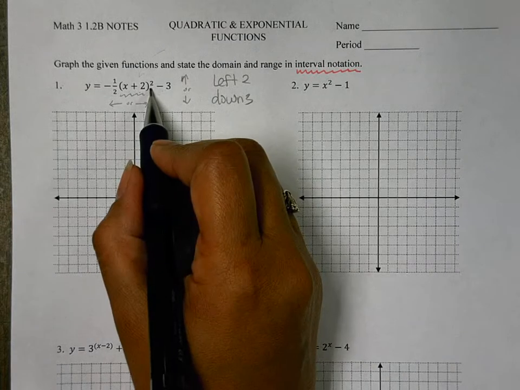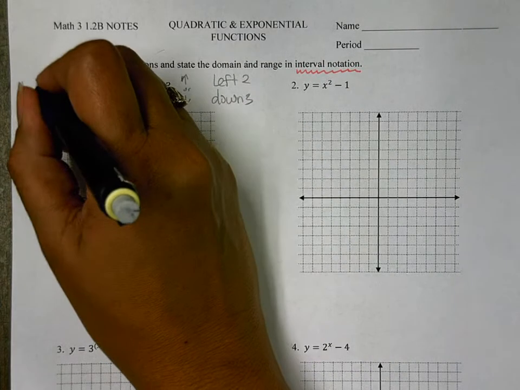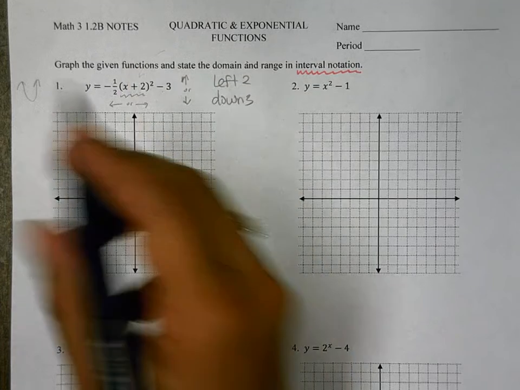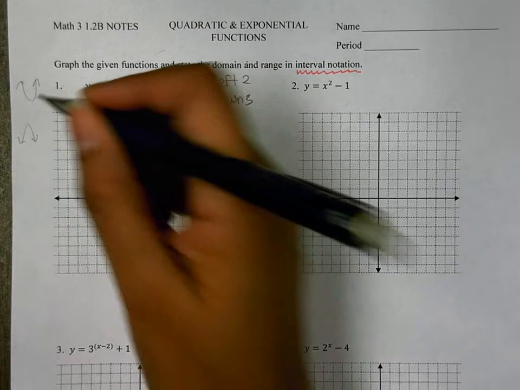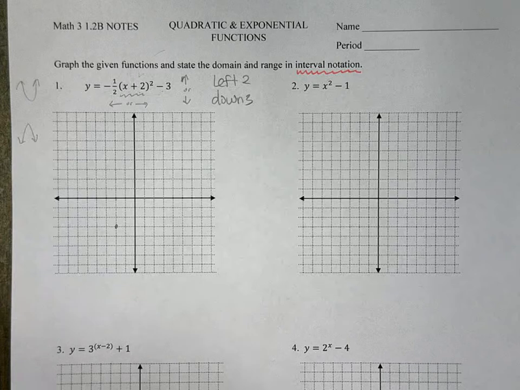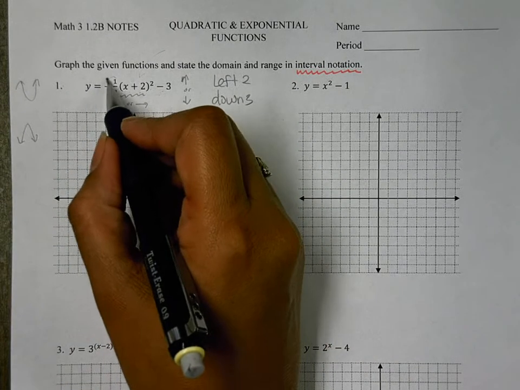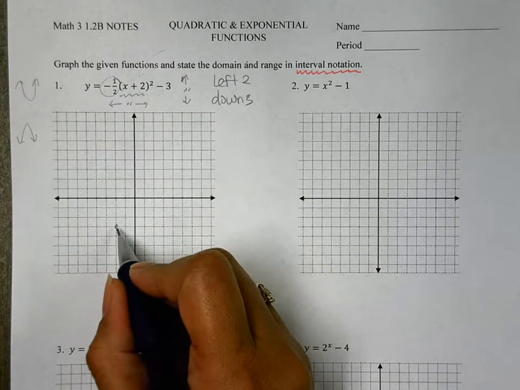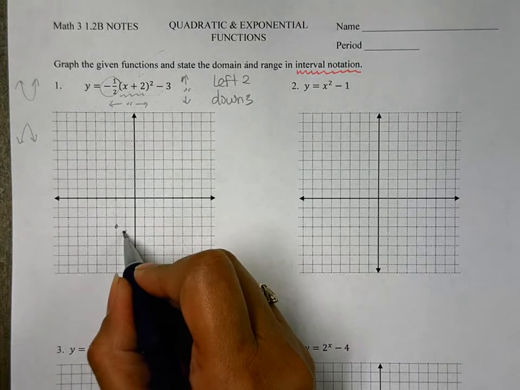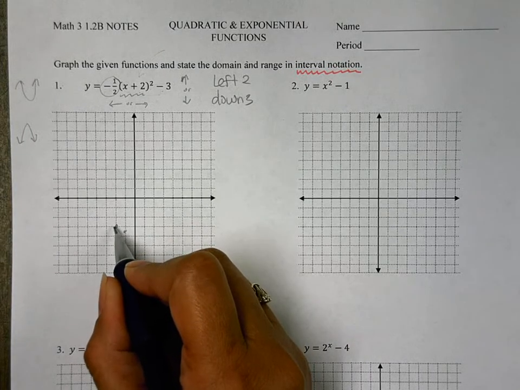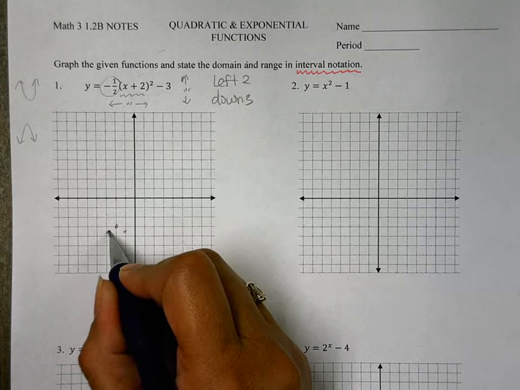First off, I recognize because it's squared, it's a quadratic, which means it's going to be a U shape. It's negative, so it's going to be opening down. I cannot do more than one set, but I can do at least one set using this. So down 1/2 over 1, back to my start point, down 1/2 over 1.